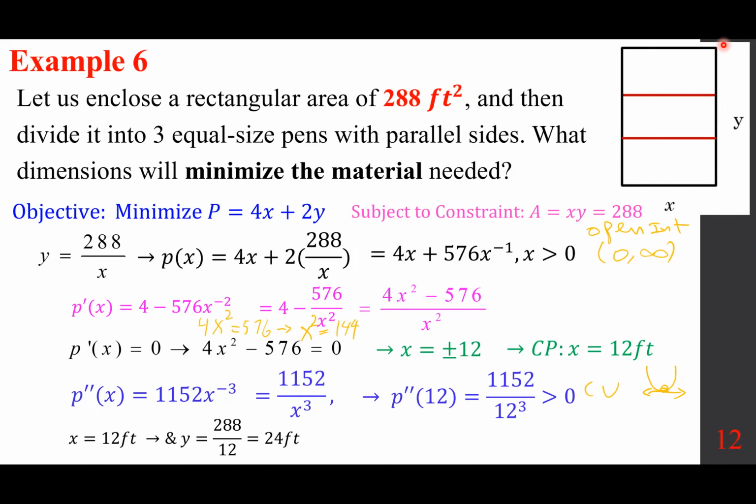So the dimensions we found and we are done, but if somebody says what is the minimum amount, that means in this formula replace the x with 12, 4 times 12, and 2 times 24, and they add up to 48 plus 48 is 96 feet. So again, in this formula, we replace the x and y with 12 and 24.